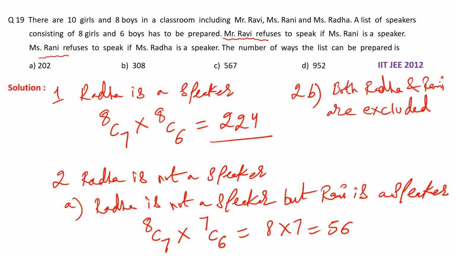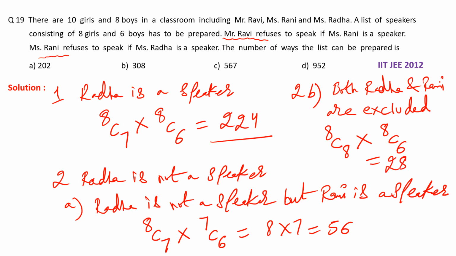So now this time out of the remaining 8 girls, we have to select all the 8 girls. Fine. And out of the 8 boys, we have to select the 6 boys. Because since Radha and Rani are excluded, so this time Ravi can be included in the list. So now this is 8C6 only, which comes to be 28.